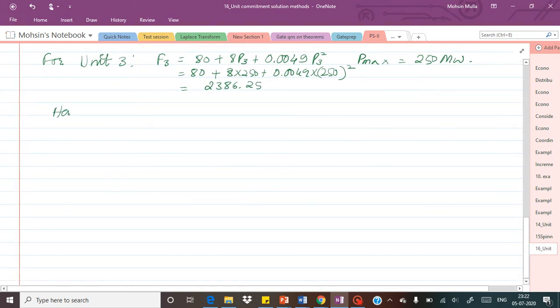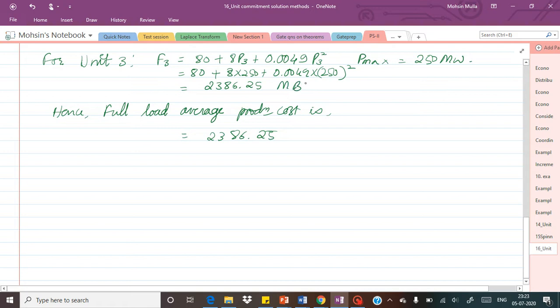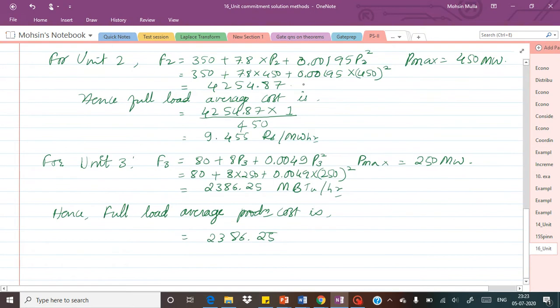Okay, so now hence the full load average production cost is equal to these units, which are nothing but the million BTUs. This value is per hour, so here I think I have not written the unit, you can write here BTU per hour.